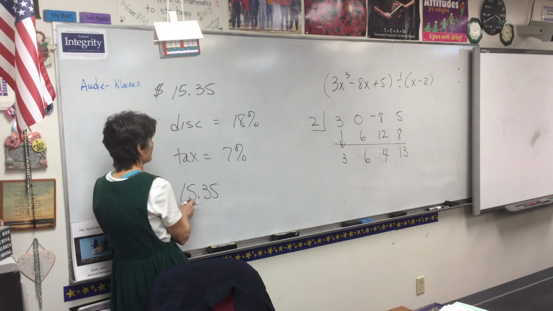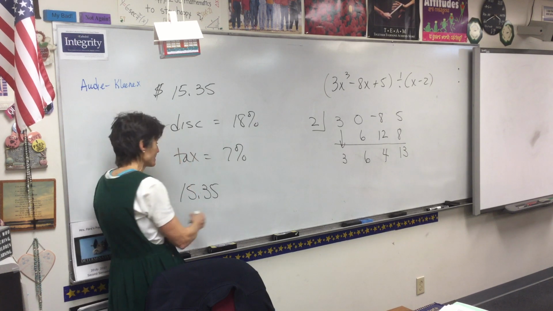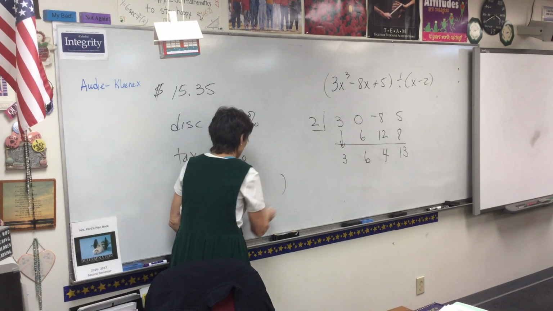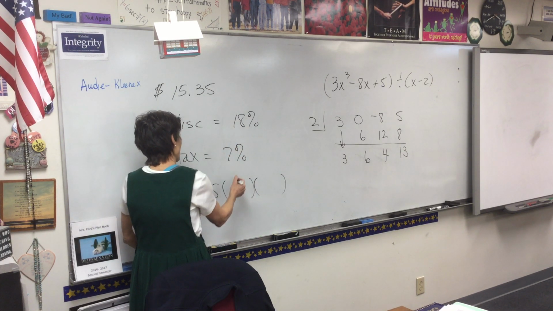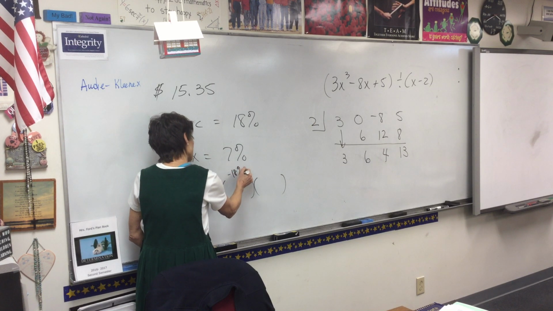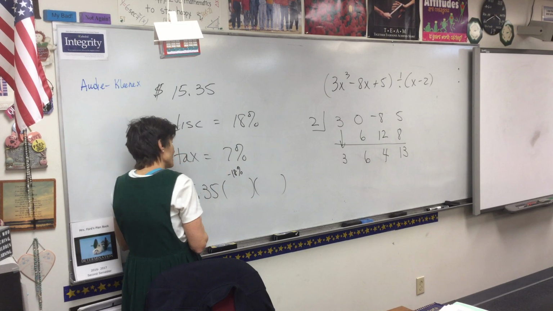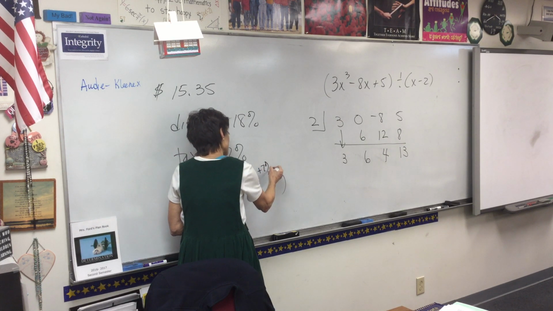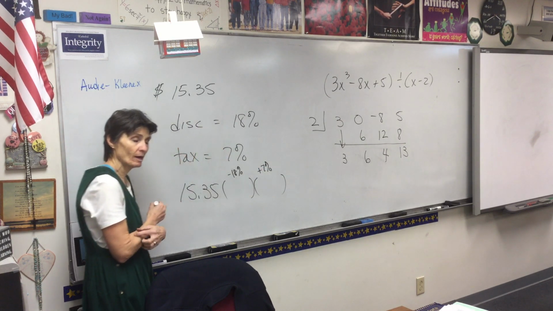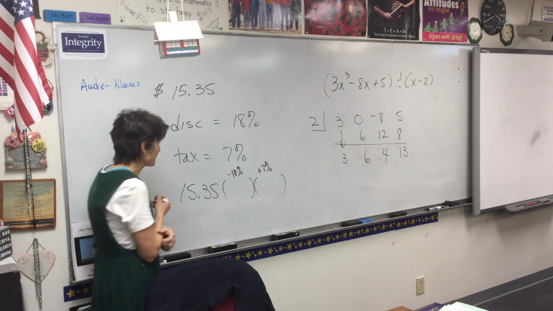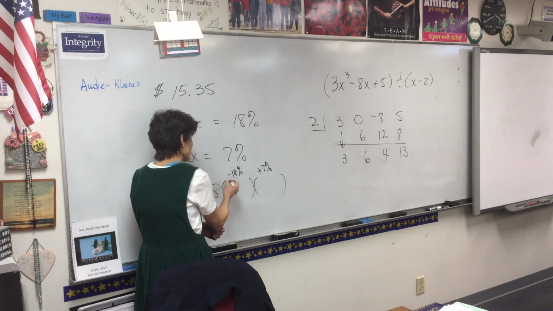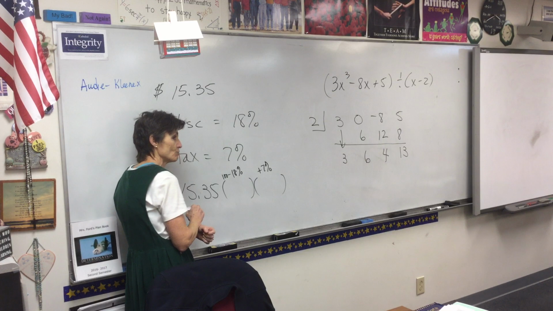I'm going to start with my original price, and then I'm going to multiply by an 18% discount. So I'm going to subtract 18% and a 7% tax. So I'm going to add that on. And when I say I'm subtracting 18%, I'm subtracting it from 100.